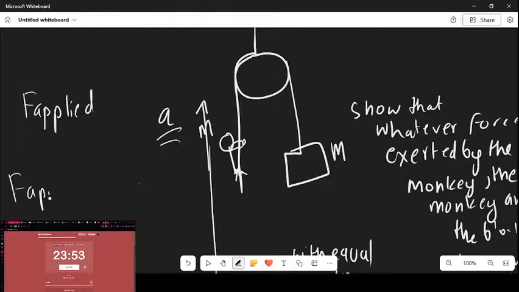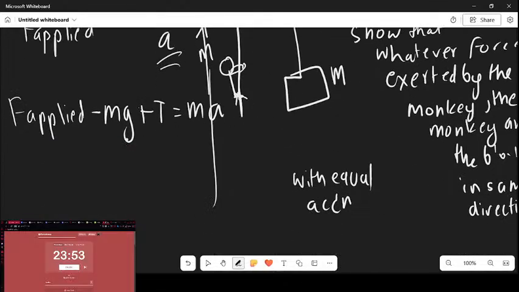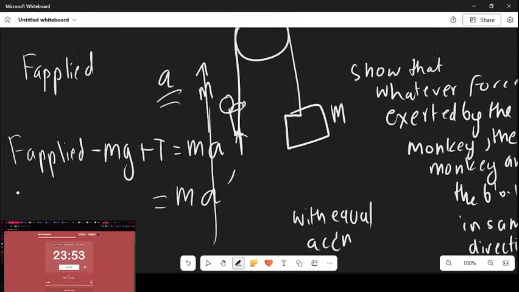Force applied minus mg plus tension is equal to mass into acceleration, and for this block it will be ma dash and mg minus tension.